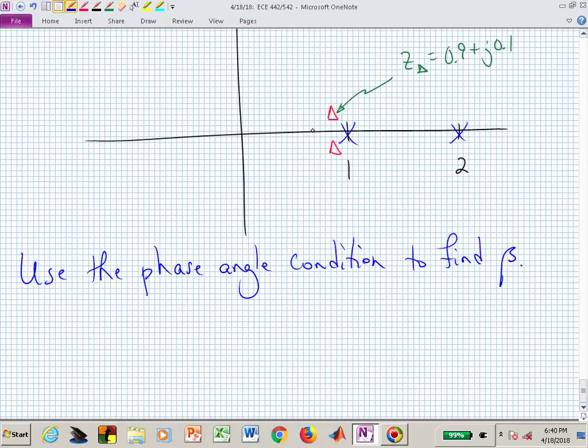And we could just draw something in here and say that's beta. And we don't yet know where that is. But that tells us then that we have this angle, theta sub z, we have this angle, theta p1, and we have this angle, theta p sub 2.